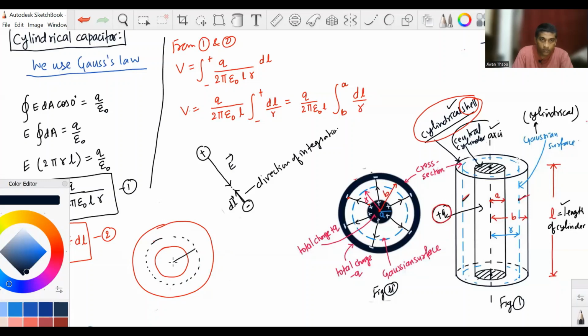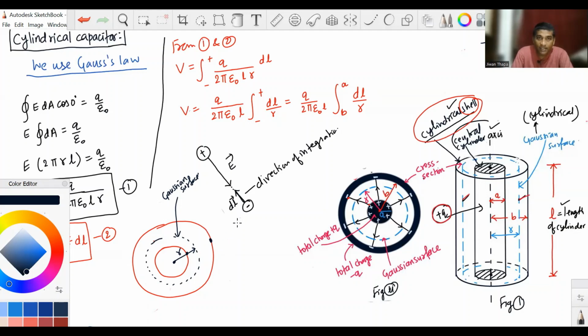So this is the Gaussian surface, and the radius of the Gaussian surface is R. Clear? And we are integrating from b to a. This is to be noted: the lower limit is b and the upper limit is a.